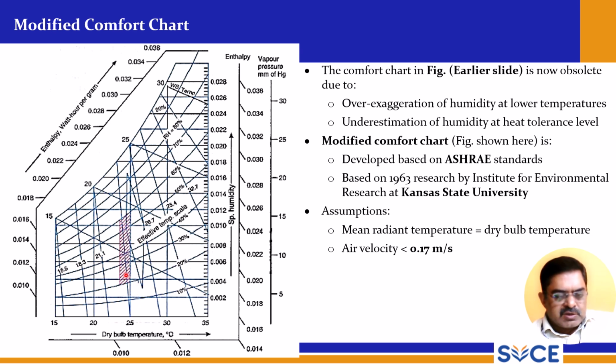Using specific humidity and dry bulb temperature, everything is considered, and this is the comfort zone drawn on the modified comfort chart. This ends this topic, and we are going to see the summer and winter load calculations in our next session, students.